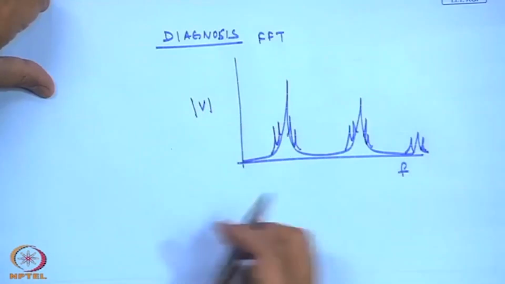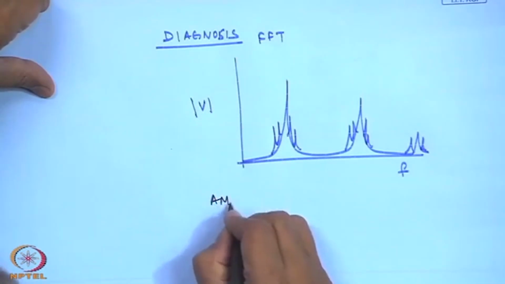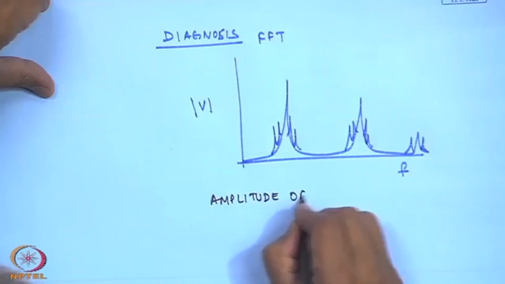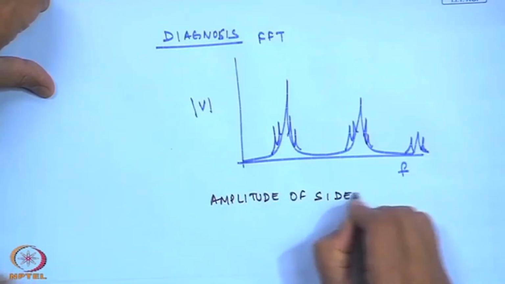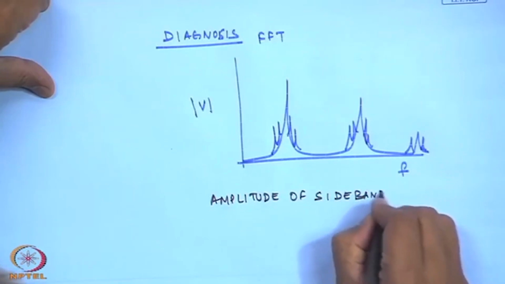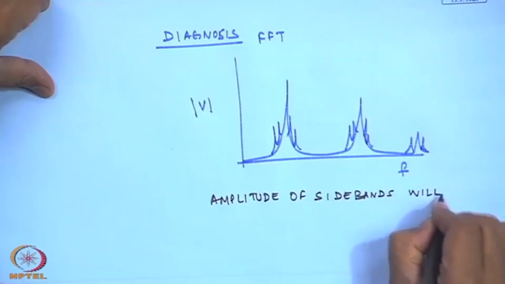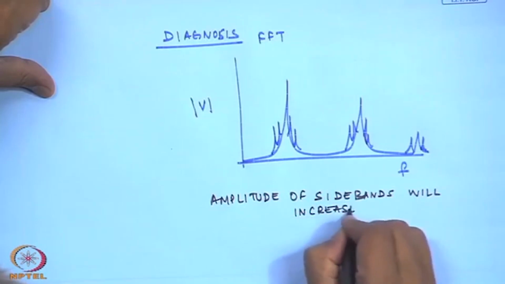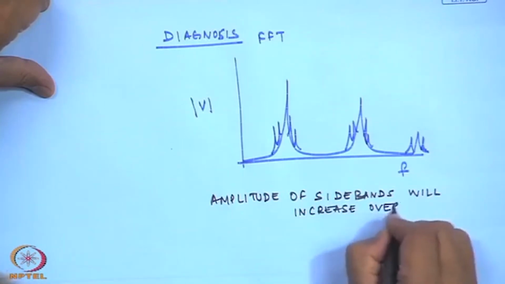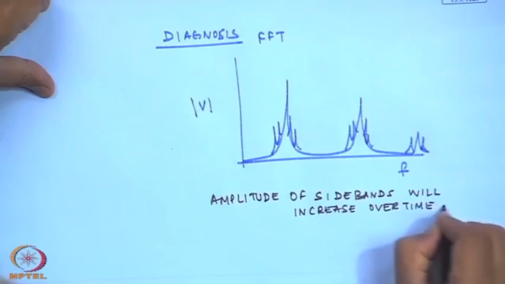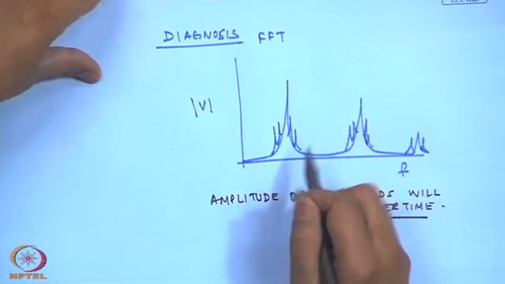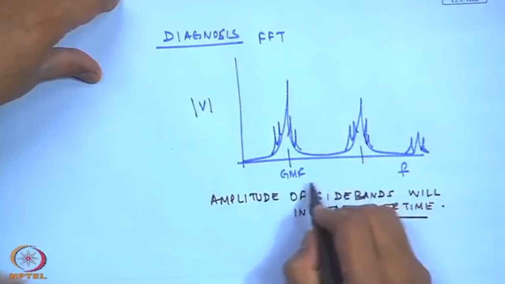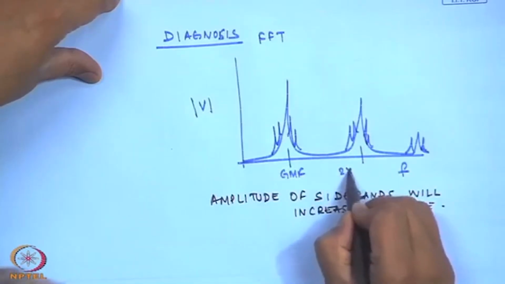So, the amplitude of sidebands will increase over time, and these sidebands are around the gear meshing frequencies and its multiples.